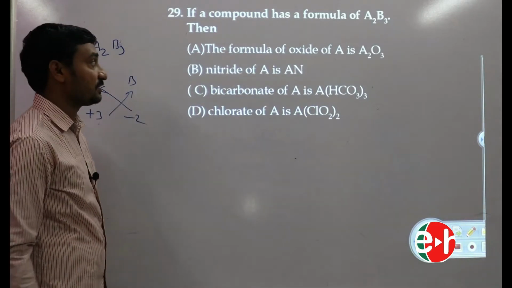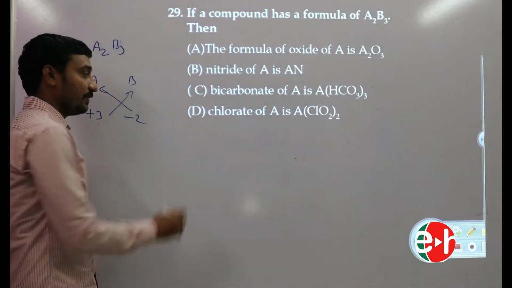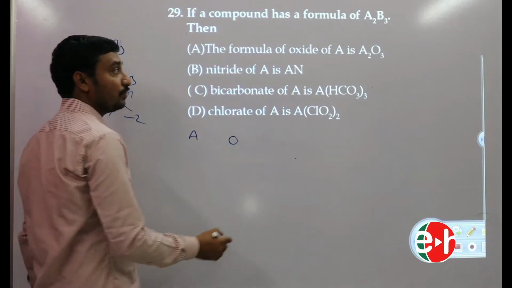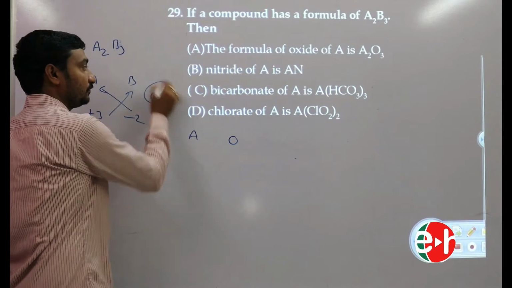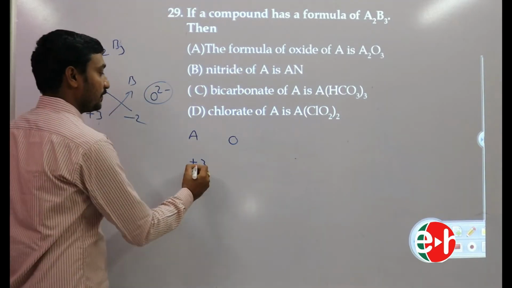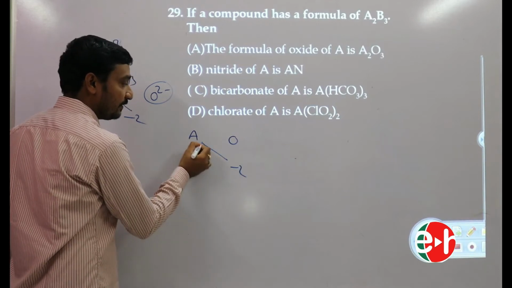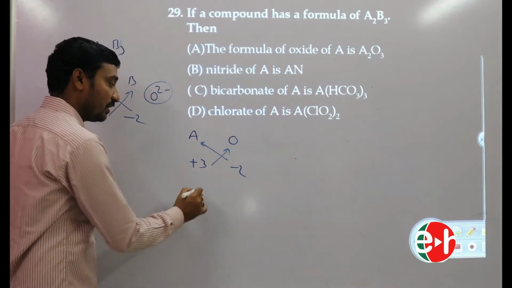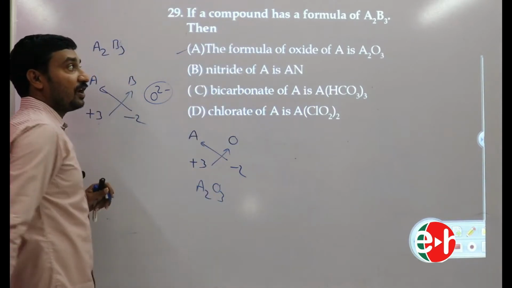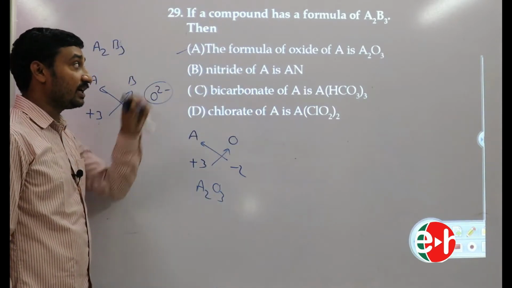Let's check the options. The formula of oxide of A. Oxide we know is O2-. A charge +3, oxide -2, then formula A2O3. Yes, the formula of oxide of A is A2O3, correct.